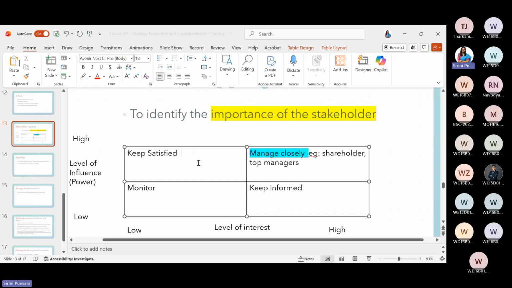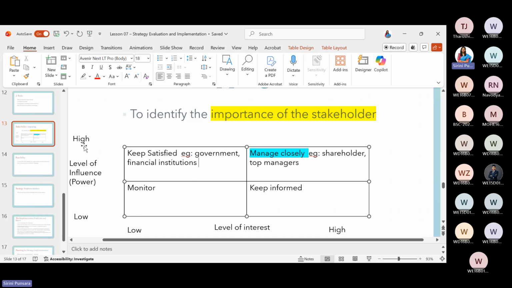Examples will be government, and also financial institutions. Financial institutions in the sense of those institutions that have invested in our company.